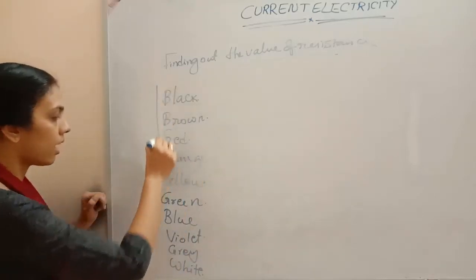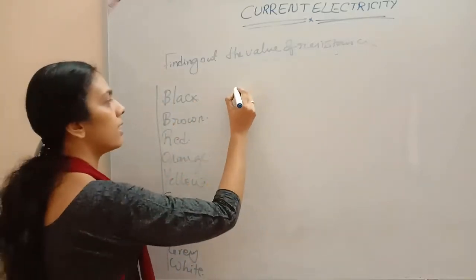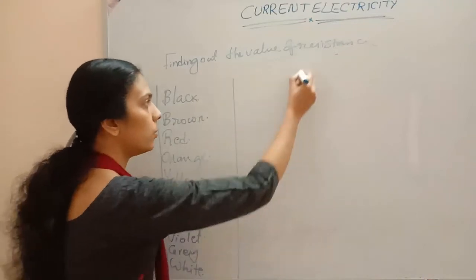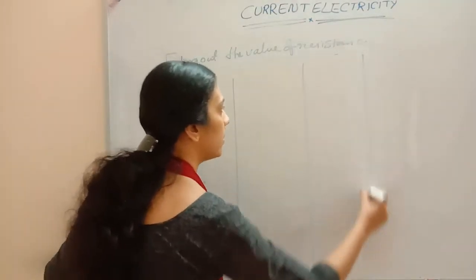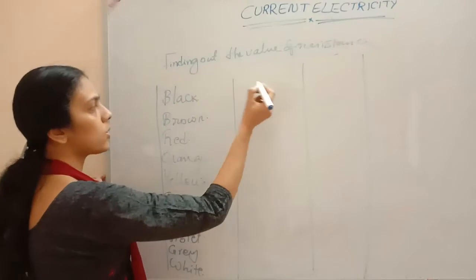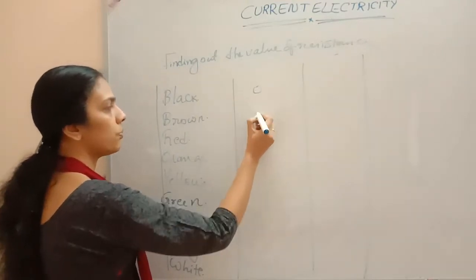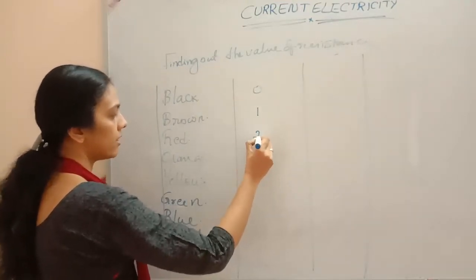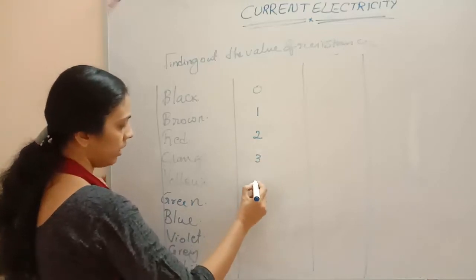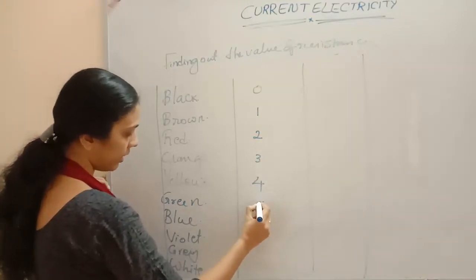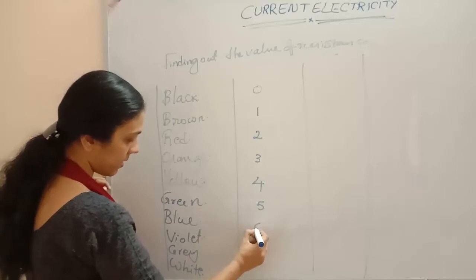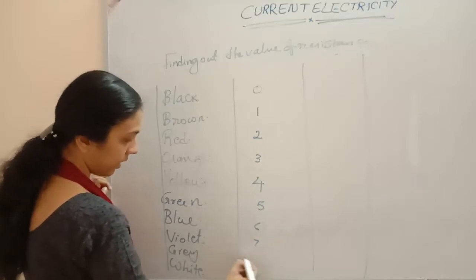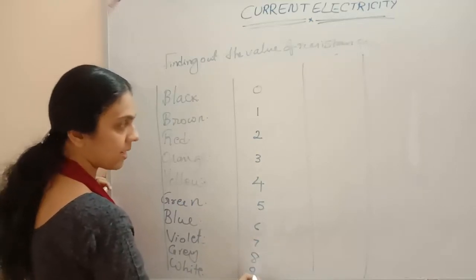So these are the colors. Now how do the values go? The value of black is 0, brown 1, red 2, orange 3, yellow 4, green 5, blue 6, violet 7, grey 8, white 9.